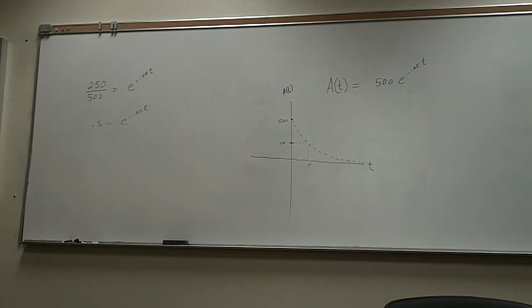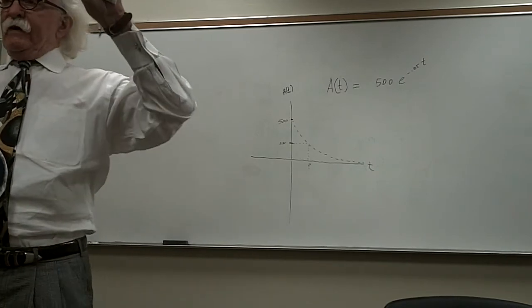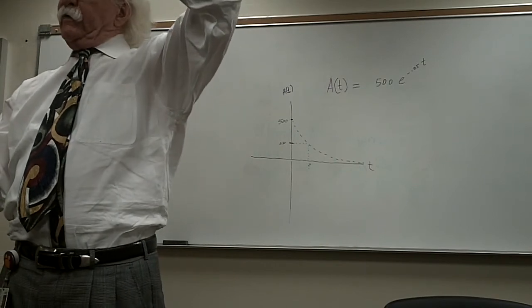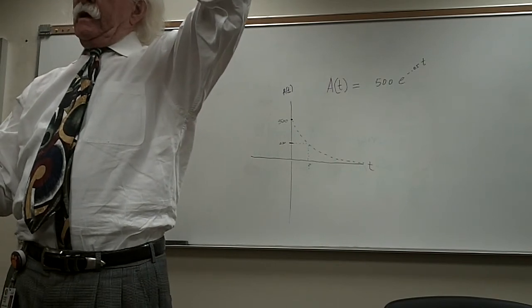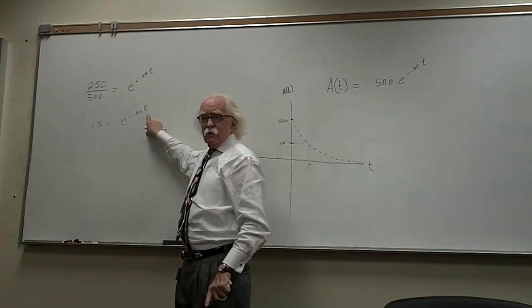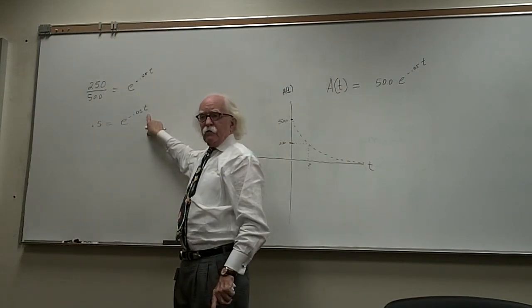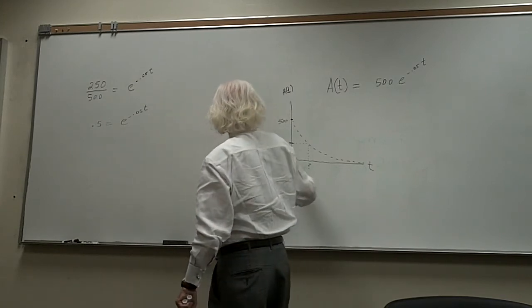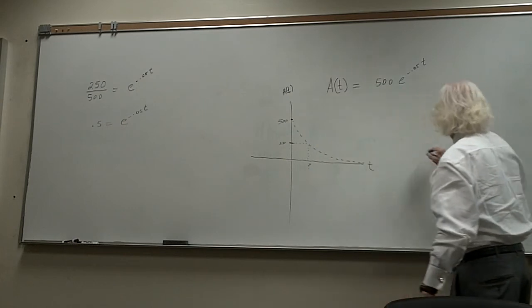Now, because of what I showed you a few minutes ago about the inverse properties, where we found the inverse of e to the t power to be the natural log. Y'all remember seeing that a minute ago?